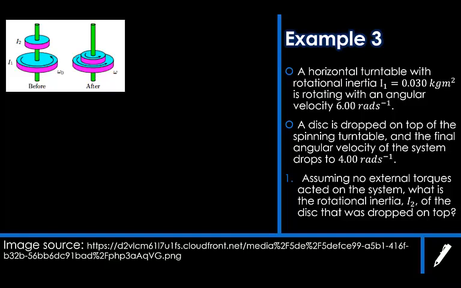So we'll have a look here. So we've got the horizontal turntable with rotational inertia I1 equals 0.030 kilogram meter squared.